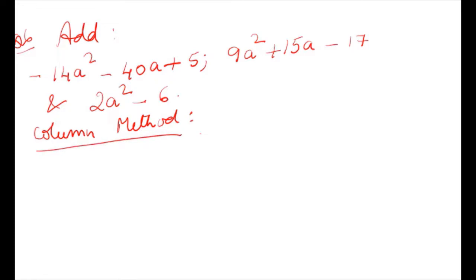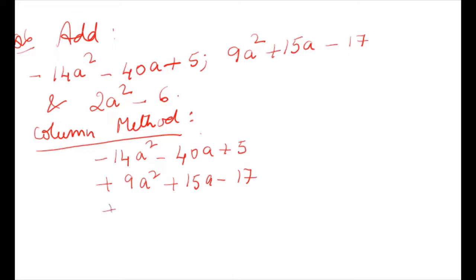So in column method, we write the first expression as it is, that is minus 14a square minus 40a plus 5, then there is no sign, means plus, plus 9a square plus 15a minus 17, then third expression plus 2a square, there is no a term, so we don't write anything, then minus 6.